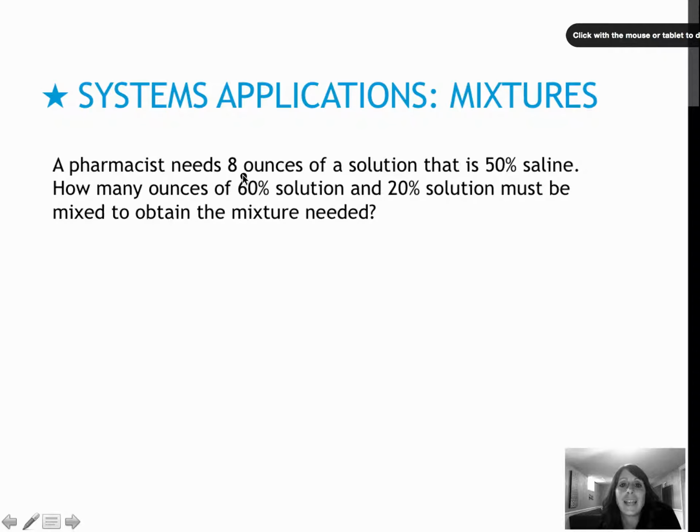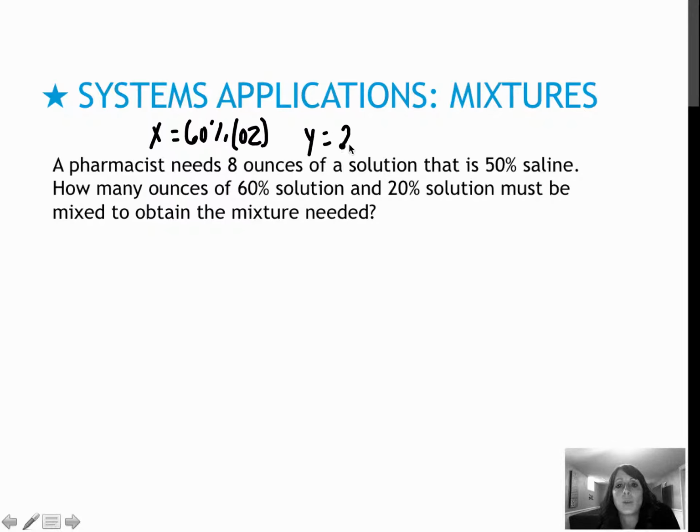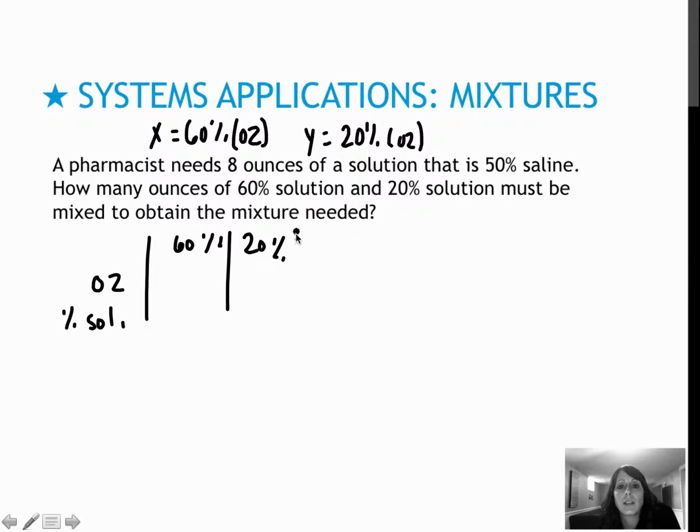A pharmacist needs 8 ounces of a 50% solution, and he or she has a 60% solution and a 20% solution to deal with. So I'm going to let X represent the 60% solution ounces, and I'm going to let Y represent the 20% solution ounces used. And then again, I can certainly make a table to help me. I would know ounces, and I would also know the percent solution or the acidity of the solution.